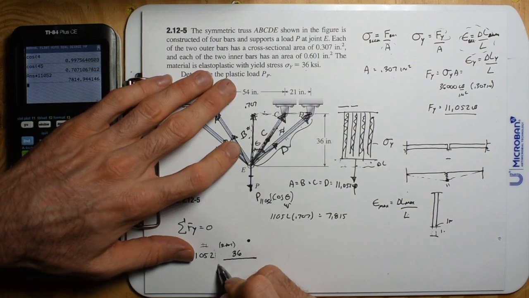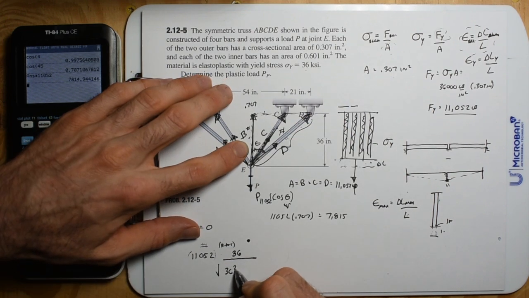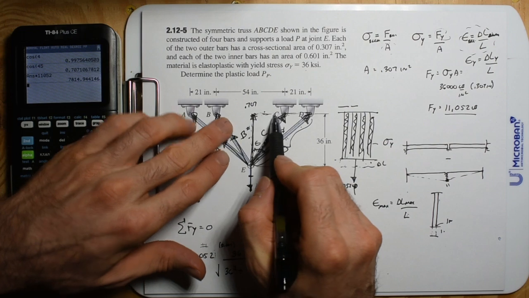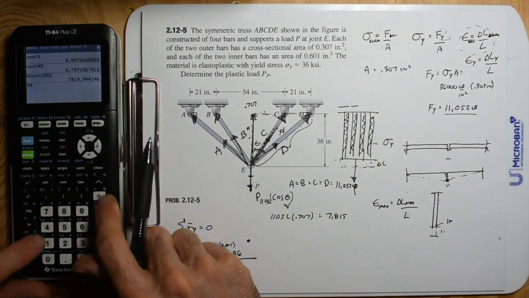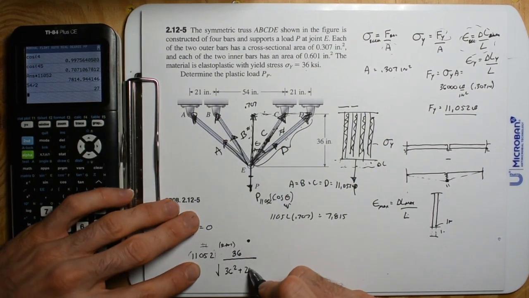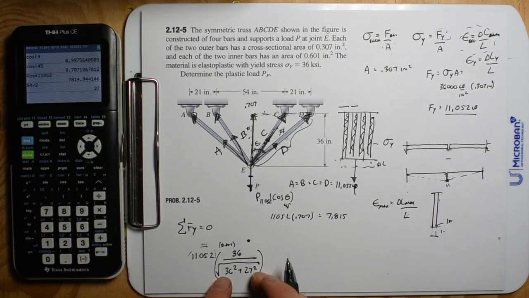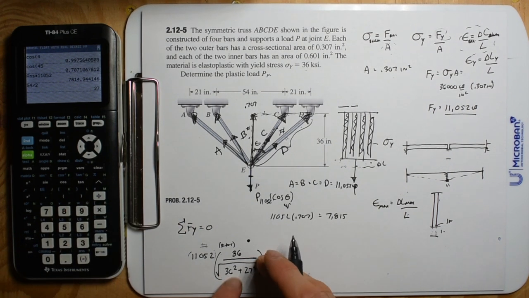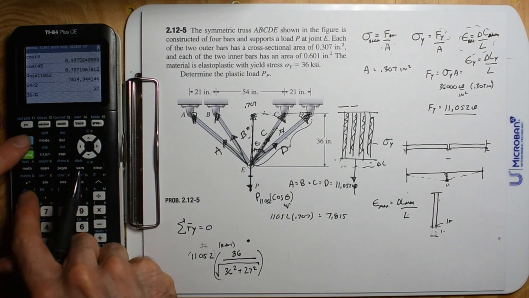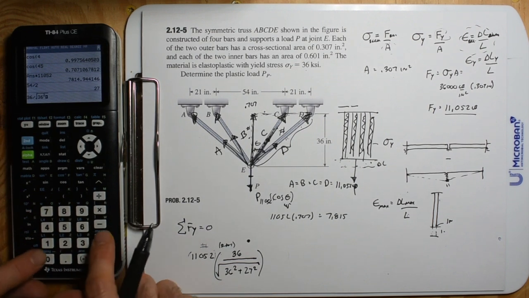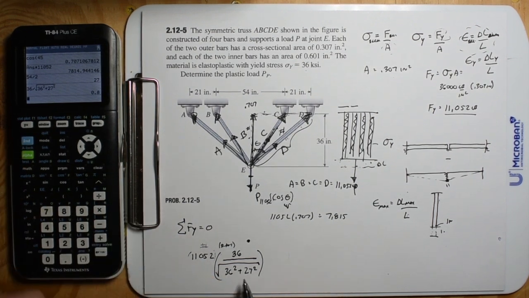So I'm going to go square root of 36 squared plus, what the hell is this? This is half of 54 divided by 2. So that's 27 squared. Cool, and that's that. If I did this calculation, that would be a percentage, and let's do it. 36 divided by the square root of 36 squared plus 27 squared, and that's 0.8.